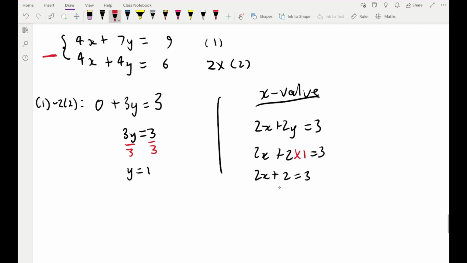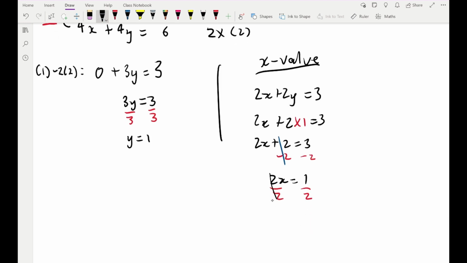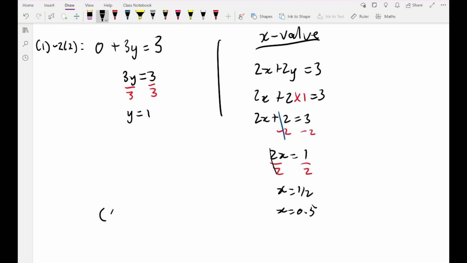We want to take away 2 from both sides. So I'm going to get 2x equals 1. So the 2's cancel off, that's 1, and then 3 take 2 is 1. Now I'm going to divide out by 2. The 2's will cancel off there, and I'm going to get x equals a half, or x equals 0.5. So my final answer is 0.5 as my x value, and 1 as my y value.